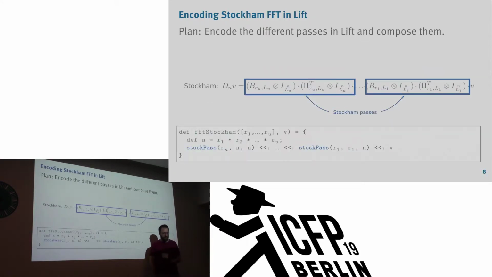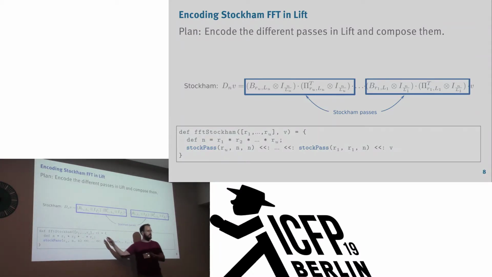So for the Stockham FFT, we can immediately start defining a function that computes it. We need an array of these R's that are just parameters. What they exactly do isn't important. From these R's we can compute n, we can even compute these L's, so we have all the information that we need. And also we need v, the input vector that we want to compute our Fast Fourier Transform over.